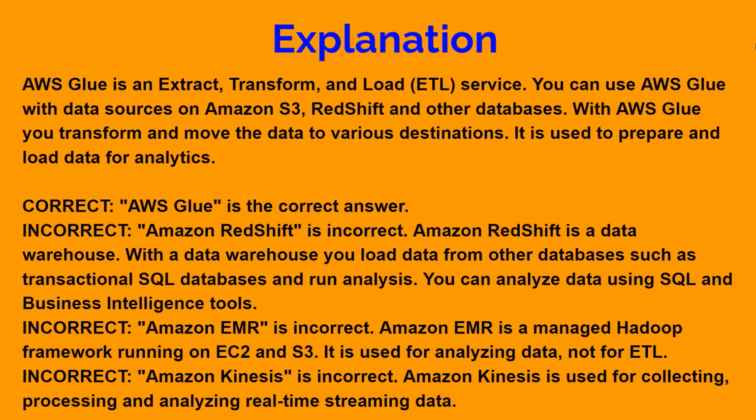Incorrect. Amazon EMR is incorrect. Amazon EMR is a managed Hadoop framework running on EC2 and S3. It is used for analyzing data, not for ETL. Incorrect. Amazon Kinesis is incorrect. Amazon Kinesis is used for collecting, processing and analyzing real-time streaming data.